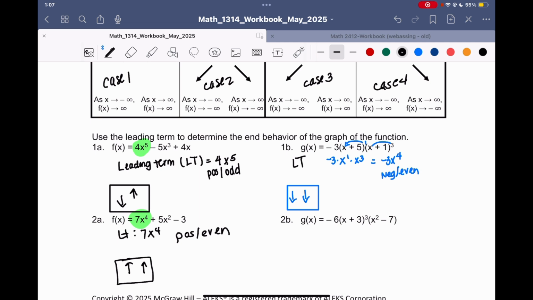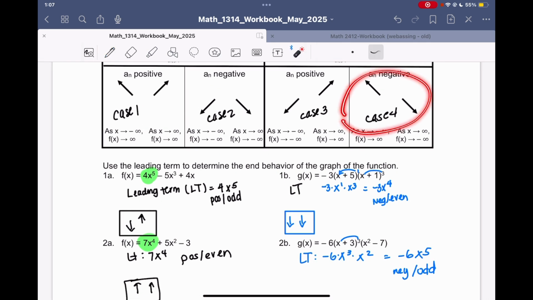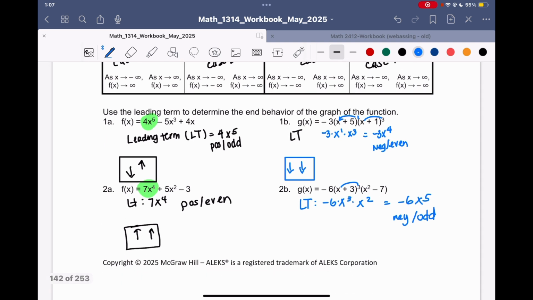And then in the last one, we're building the leading term, negative 6, x to the third, x squared. My leading term is equal to negative 6x to the fifth. So this is going to be a negative odd. That's going to be case 4. So that means my end behavior goes up on the left and down on the right.